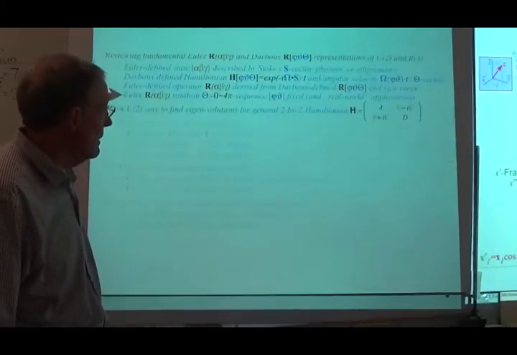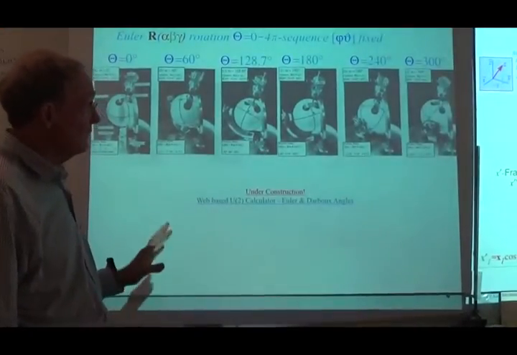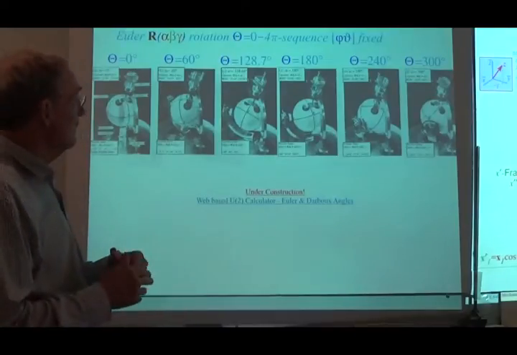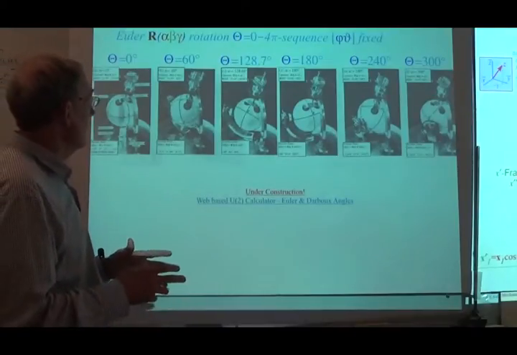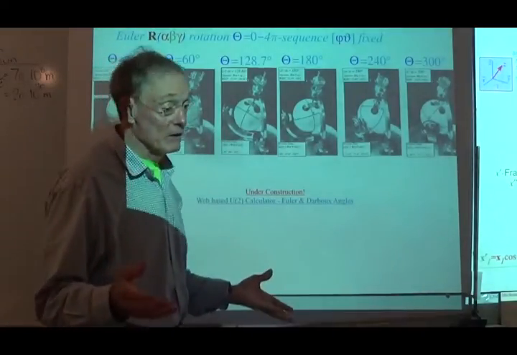Okay. Now, the next thing, as I said, was something I usually do right here in the class, but it's hard to arrange exactly this one, but I can do it approximately.